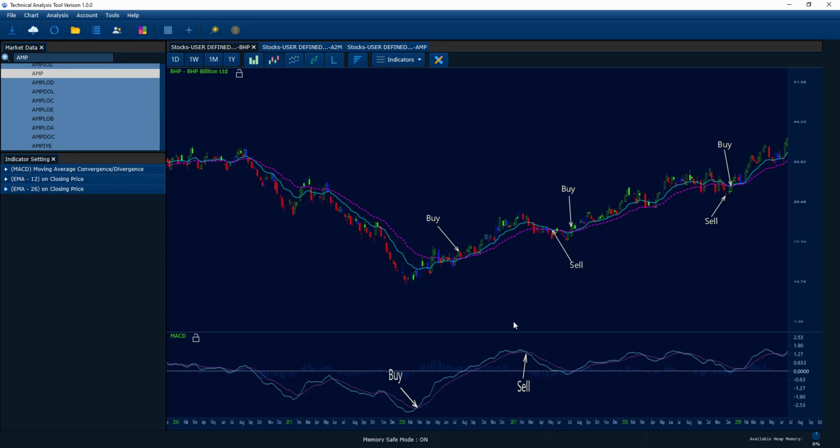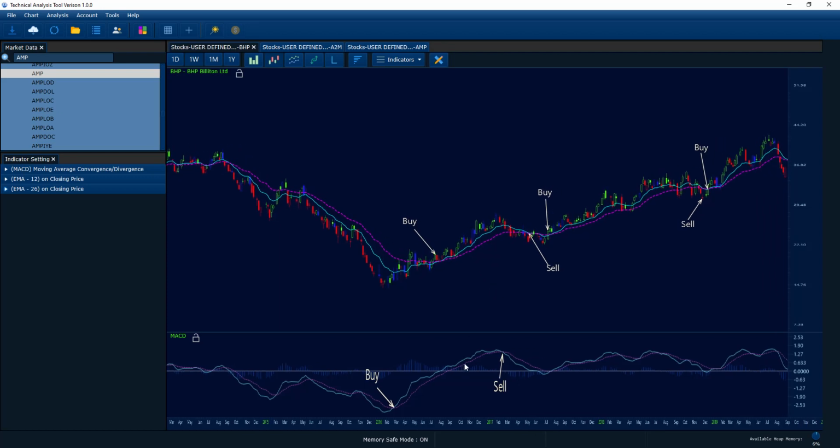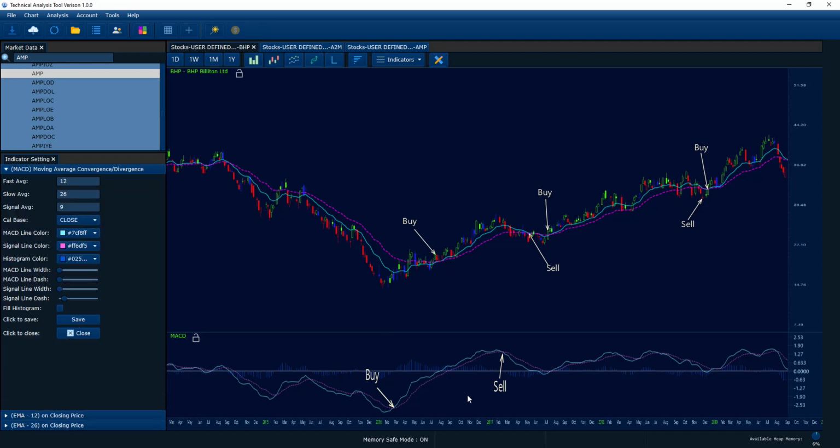So that's how we calculate the MACD line value. How we calculate this pink dashed signal line is by calculating a 9 period EMA of the MACD value. So the signal line is actually a moving average of the MACD value.